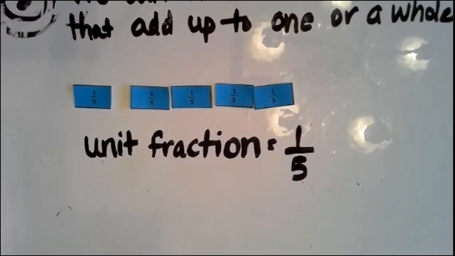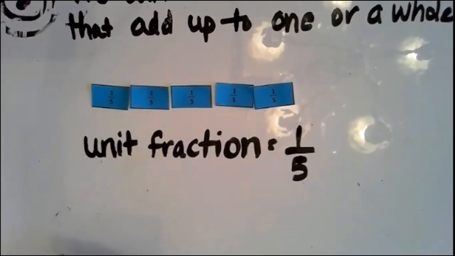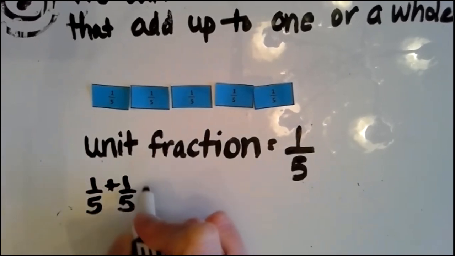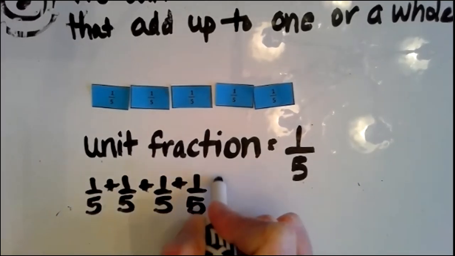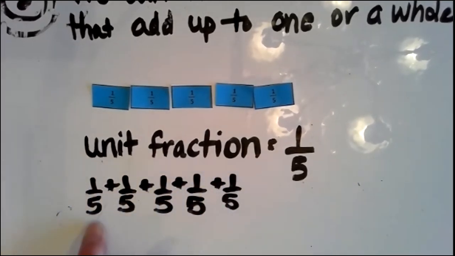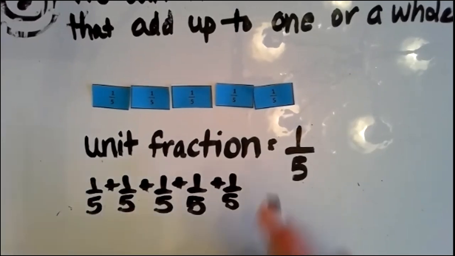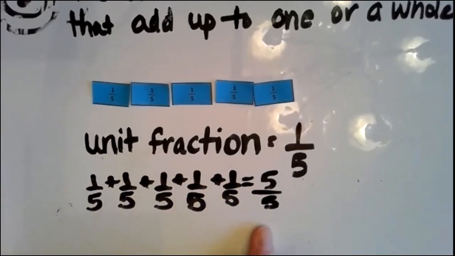We know from our last lesson that you can add up all of those individual units to find the whole. 1/5 plus 1/5 plus 1/5 plus 1/5 plus 1/5. 1/5, 2/5, 3/5, 4/5, 5/5 represents the whole.